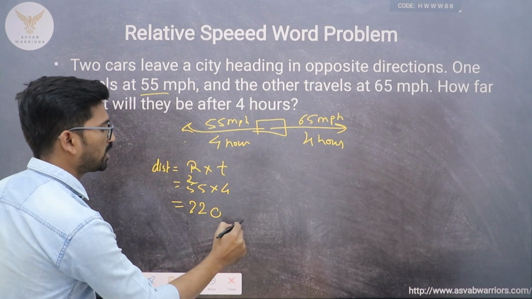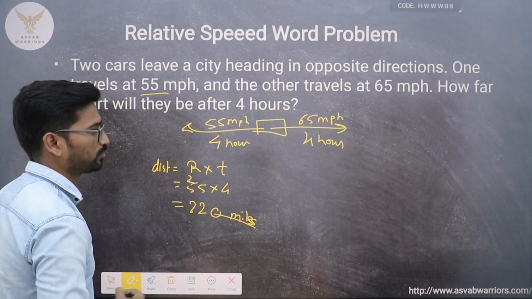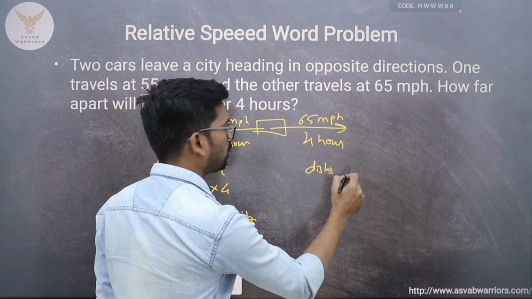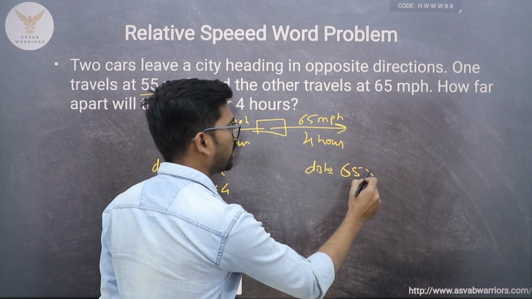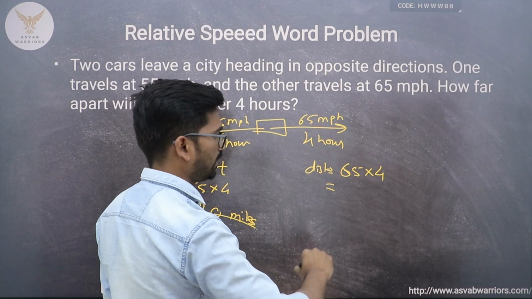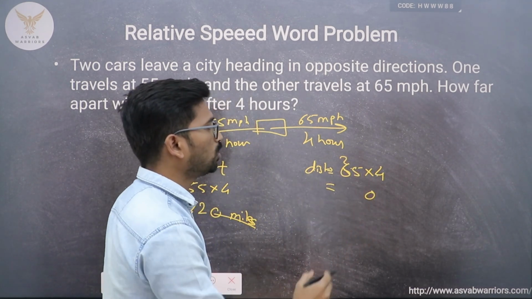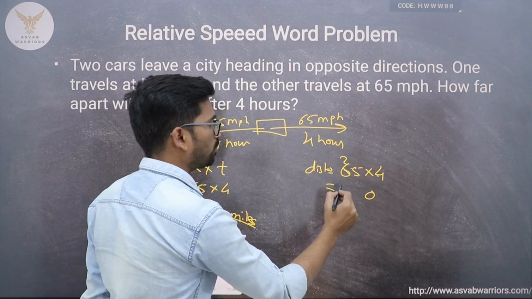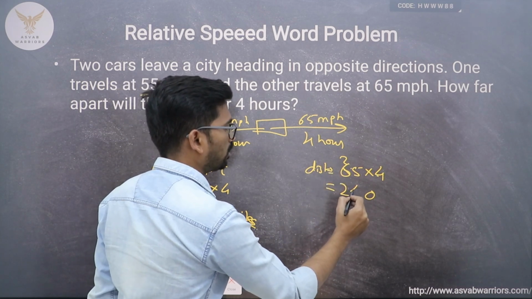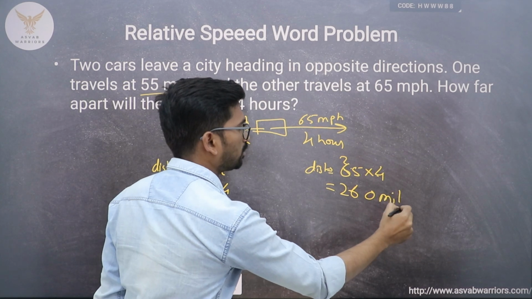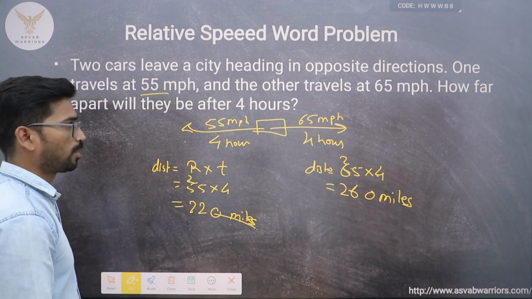So this car will cover a distance of 220 miles, and for this car we have distance equals rate into time. Here rate is 65, time is 4 hours, same. So 4 5s are 20, carry 2, 6 4s are 24, plus 2 is 26. So this car will cover a distance of 260 miles.